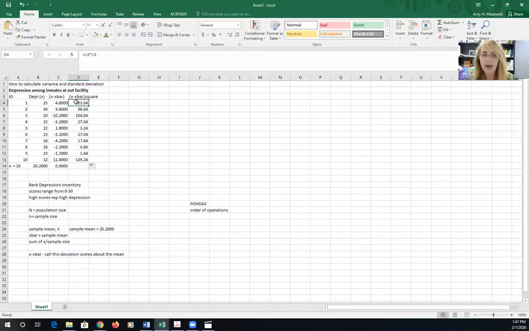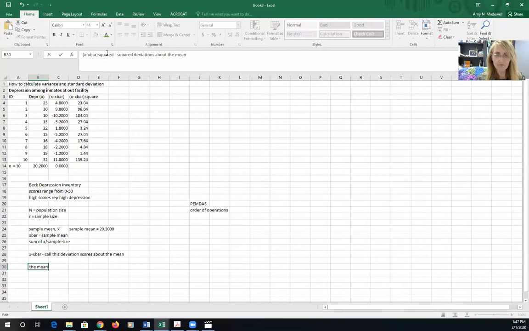Now that we have our X minus X bar in parentheses squared, we call this our squared deviations about the mean. We're not done. We need to sum this column.